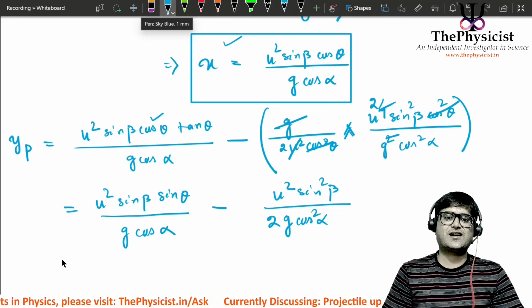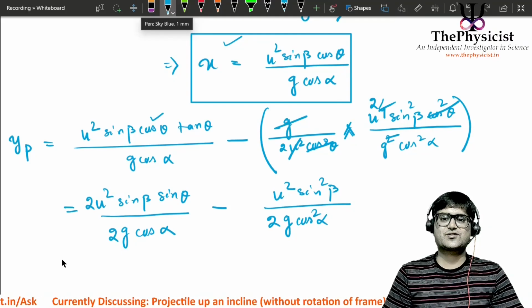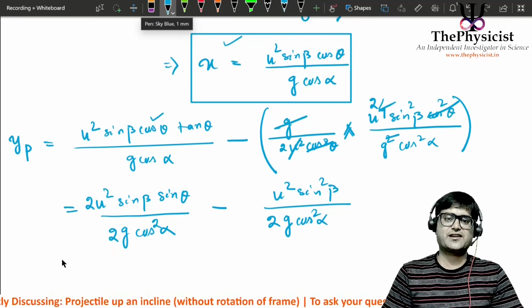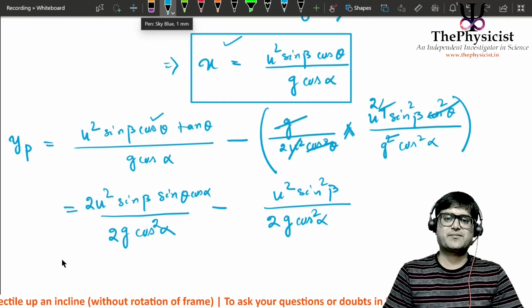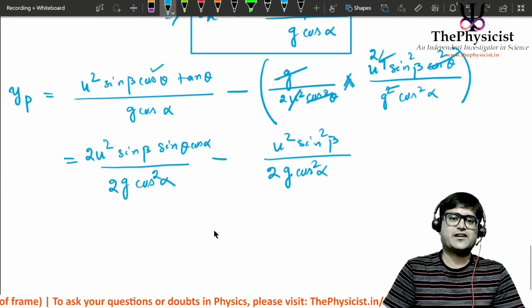So I think I should be multiplying 2 and 2, right? So that again square it and have cos alpha multiplied there. So that now I can take 2g cos squared alpha as my common denominator.